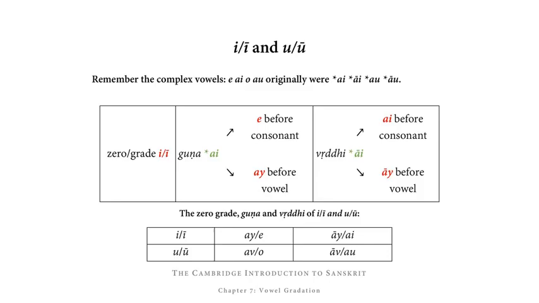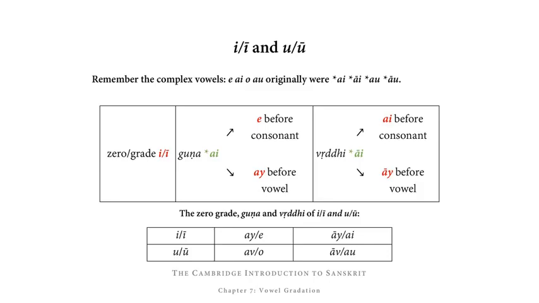So how do we see that? Well, let's look at the bottom of the screen to remind us of the zero grade, guṇa and vṛddhi forms of i and u. Now i is zero grade, there's zero a added. The guṇa form of i is either ai or e, and the vṛddhi forms are either āi or ai.